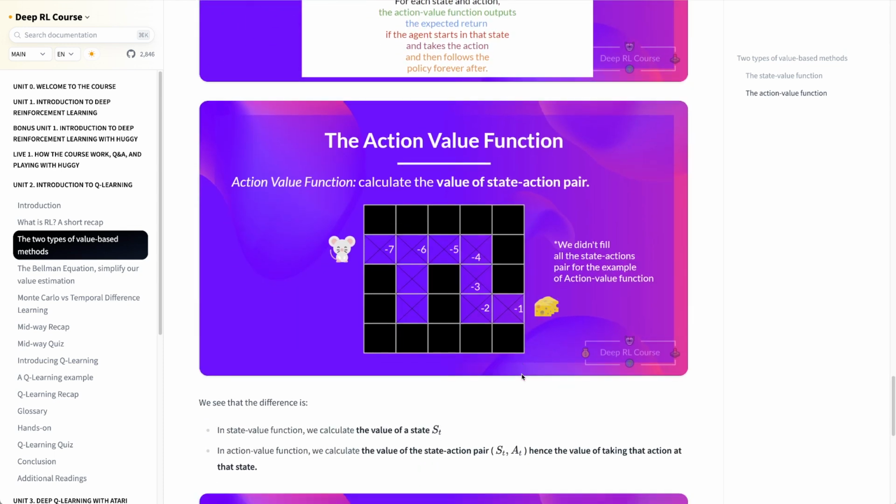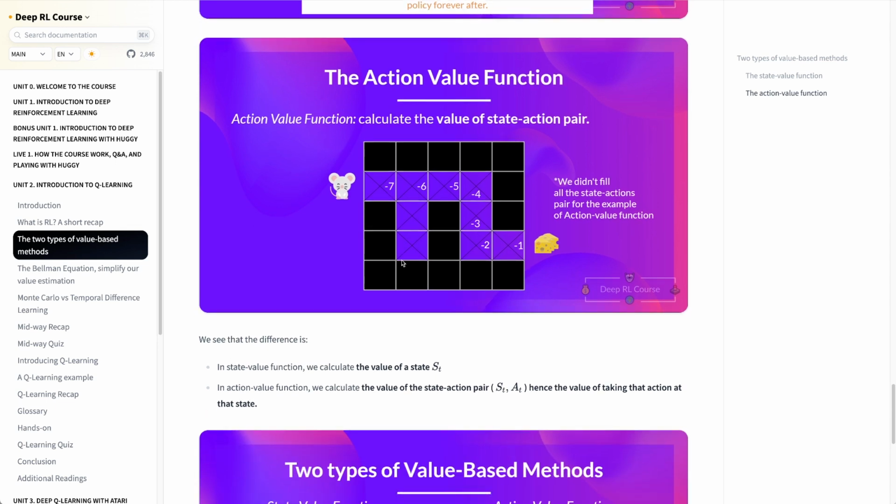Okay, great. And here's another picture. Calculate the value of the state action pair. We didn't fill all the state actions pairs for the example of state. Okay, that's fine. Okay, sure. We see.